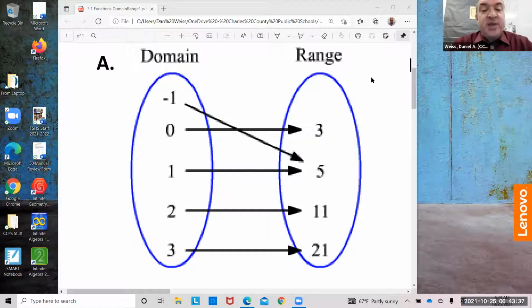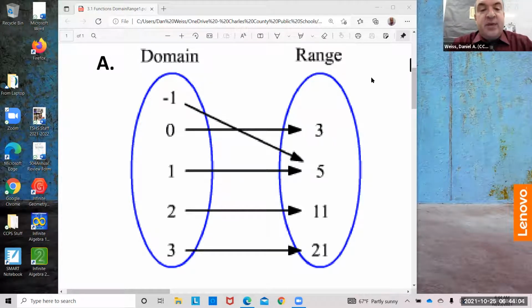A function is a situation where you have x values and y values. You have an x and a y. As long as you don't have a repeating x value, it's called a function.